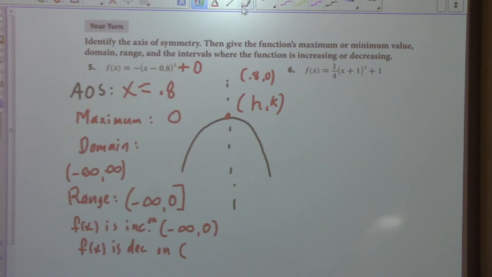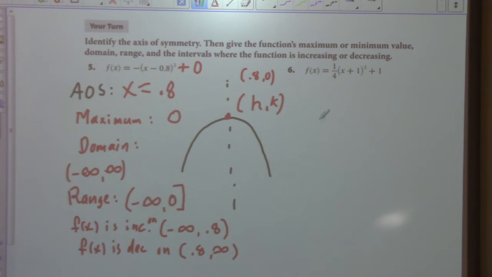Okay, now that's not right. Let me put it right here, because Chloe had a good idea, but she's not right. It's increasing all the way up to that. So where is the function decreasing? 0.8 to infinity.